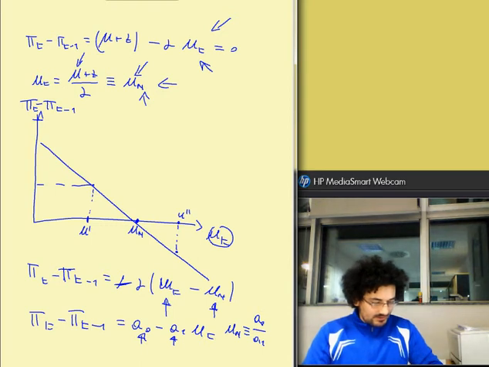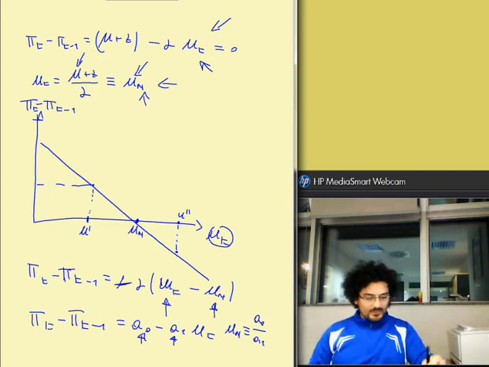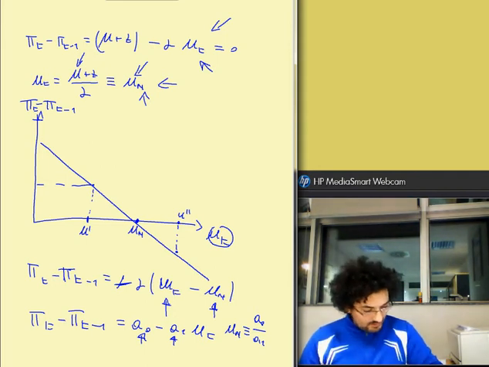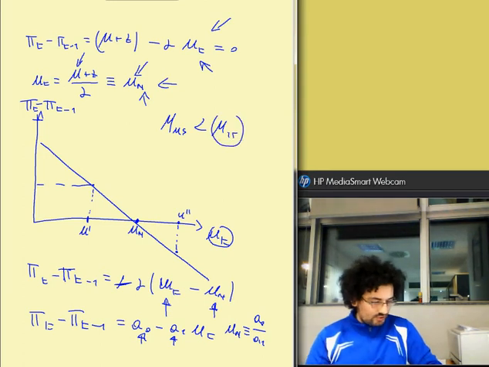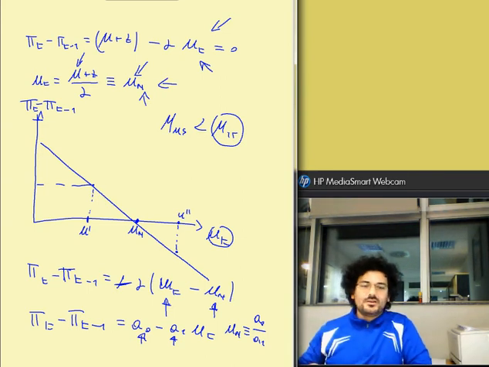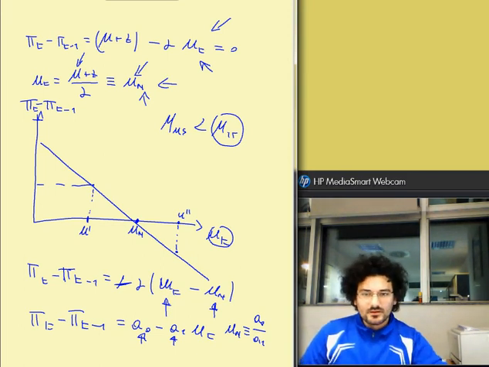What we expect is that the natural level of unemployment in the US is lower than in Italy, given mi and z, because we expect that mi in the US is lower than in Italy, because the level of competition in Italy is not the same as in the US. So it's a good idea to try to increase the level of competition in Italy, especially in order to decrease the level of natural unemployment in Italy.